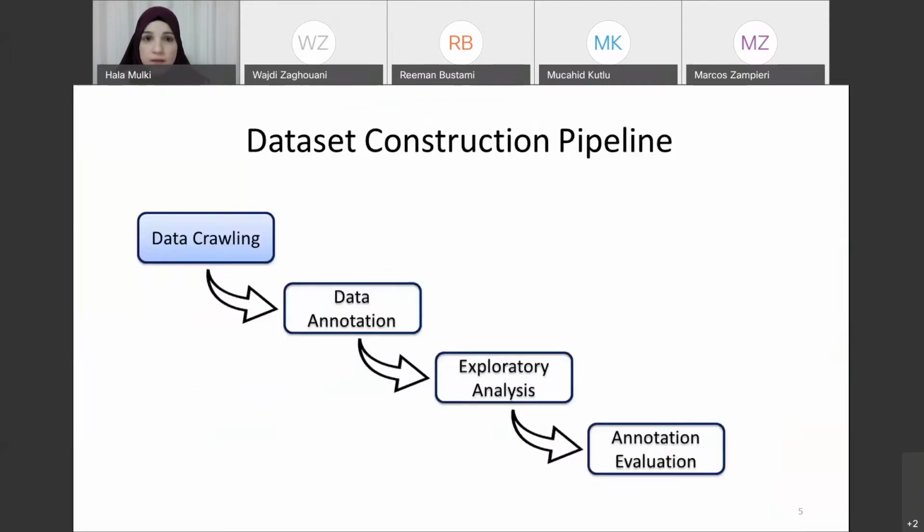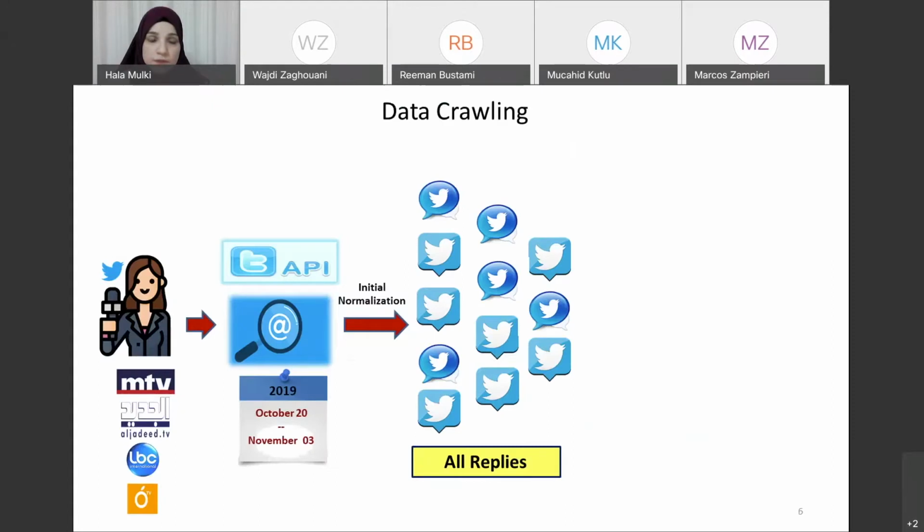Like any other dataset, ours went through 4 phases before reaching the release phase. For data collection, or data crawling, we first identified the accounts of the top active journalists on Twitter and collected the replies they got from October, right after the incident, till November 3rd, about 2 weeks.